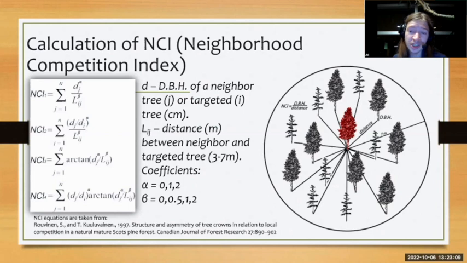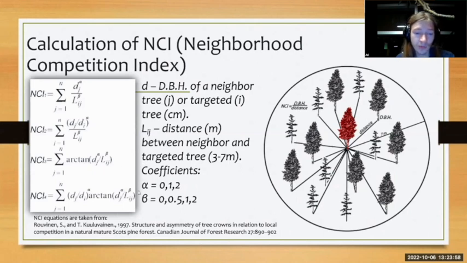The DBH was measured for all these trees, and the distance between the focal tree and all the neighboring trees was also measured. I tested 4 different types of NCI competition indices, and they are all computed as a sum of either the diameter of neighboring trees divided by the distance, or the ratio of the diameter of the neighboring tree to the focal tree divided by the distance, or an arctangent.